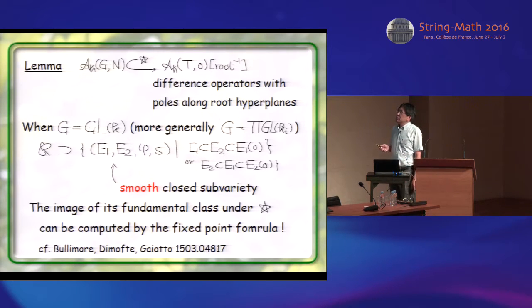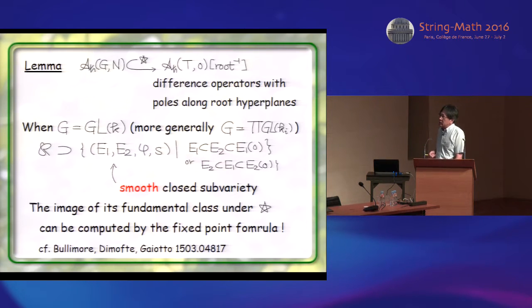And this is given by the fixed point formula. Once you have the homology class represented by a smooth closed subvariety, you can compute its image by using the usual localization formula. So you just compute the Euler class of the normal bundle.